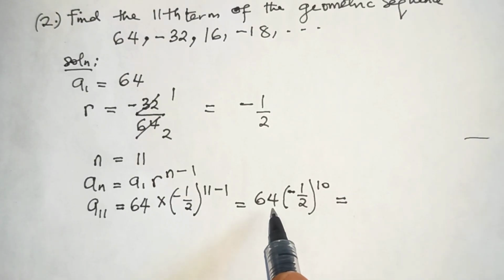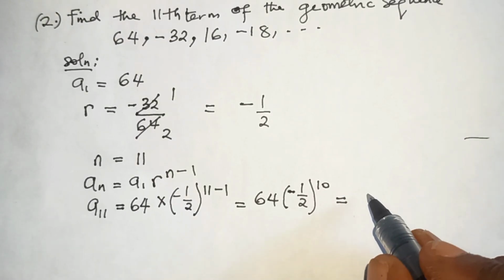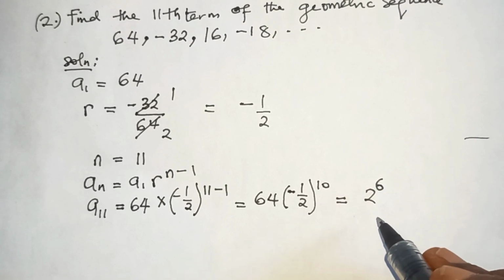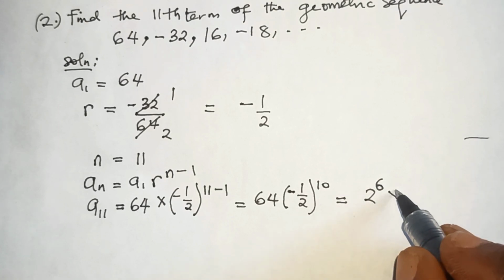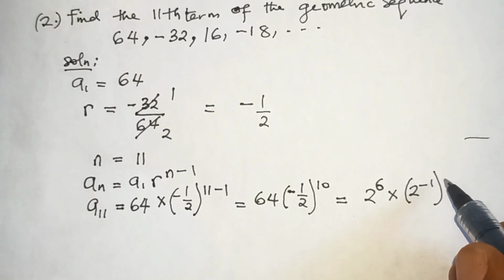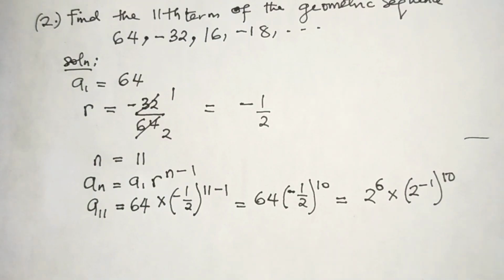64 can be written in powers of 2. 64 will be 2 raised to power 6 multiplied by 2 raised to power minus 1, raised to power 10. So we have written 1 over 2 as 2 raised to power minus 1.